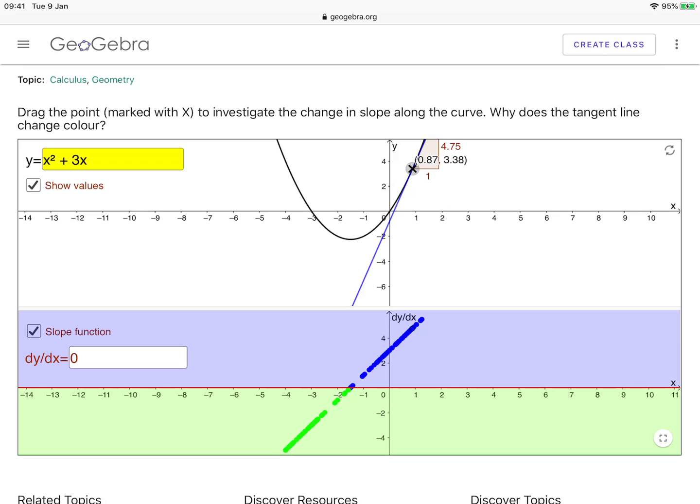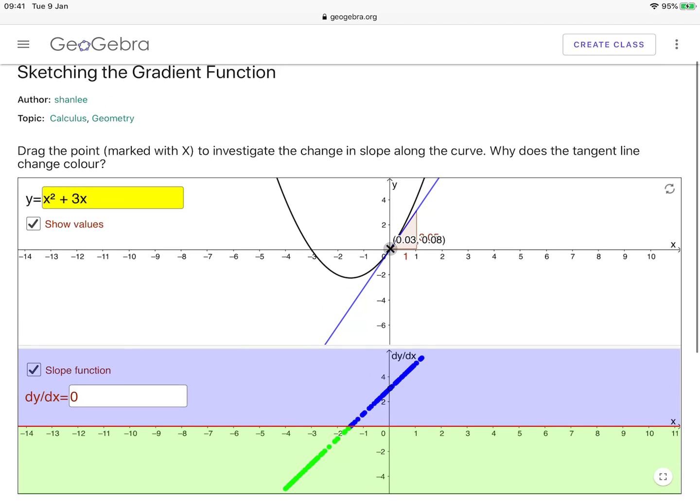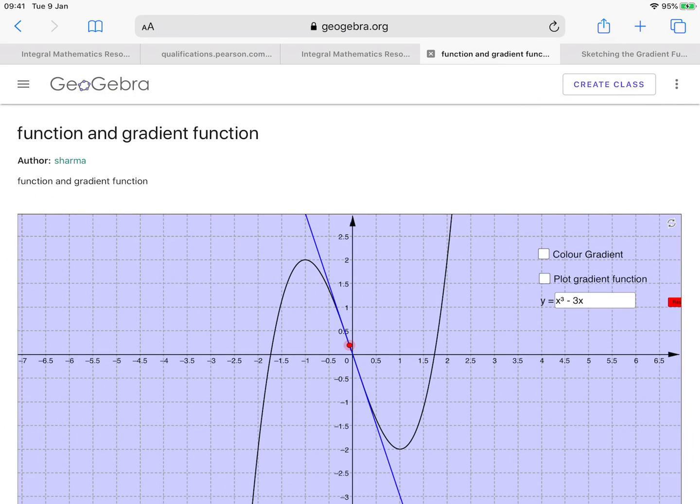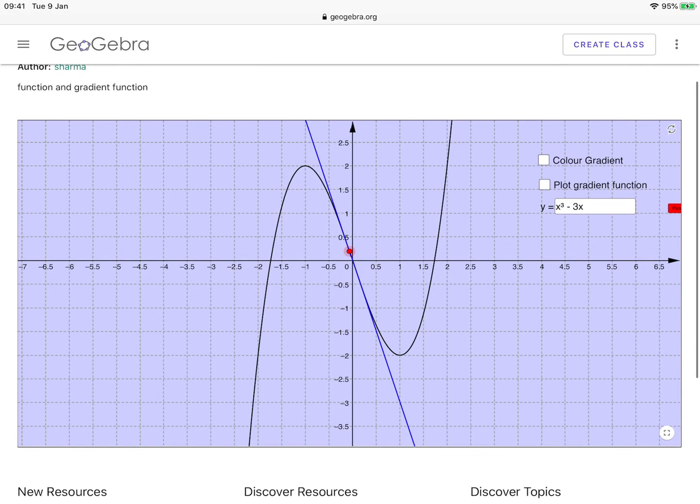The line in green and blue below will be the line of 2x plus 3, because that's what the gradient is. That's what the dy dx is of x squared plus 3x. Right, we'll just have a look at one other one before I go through example 19.